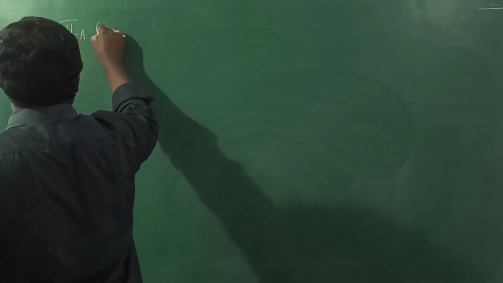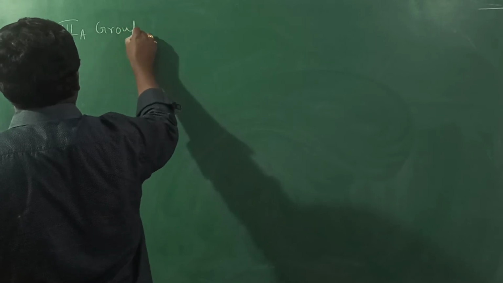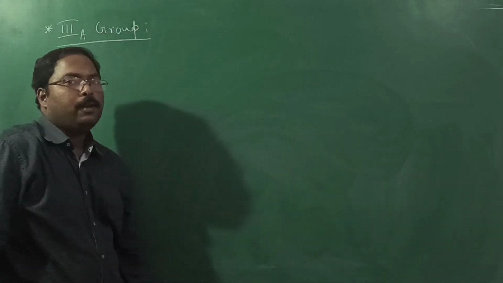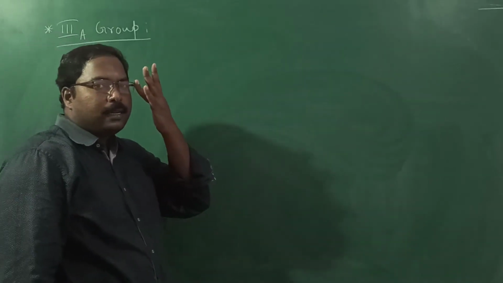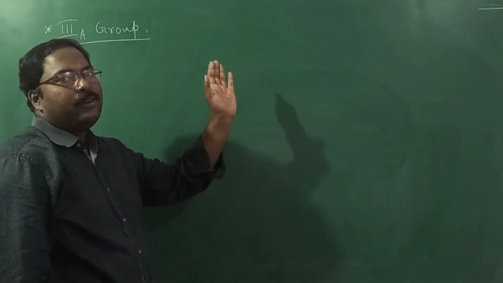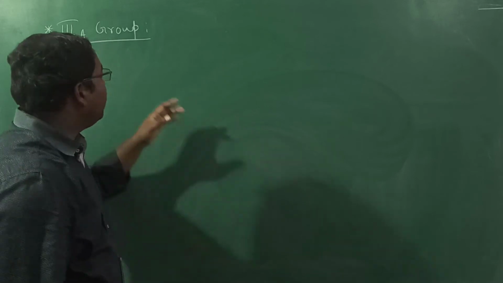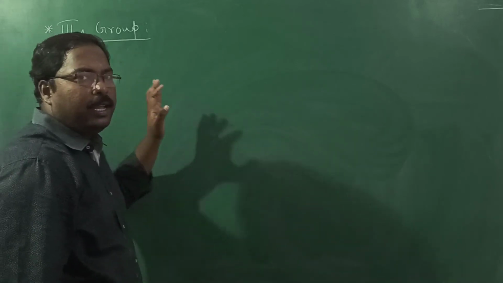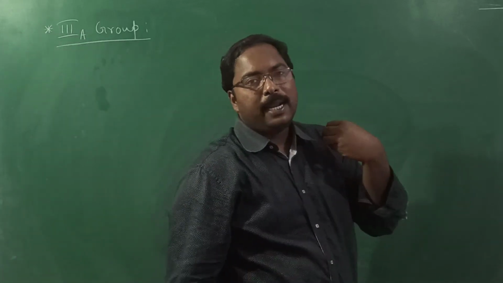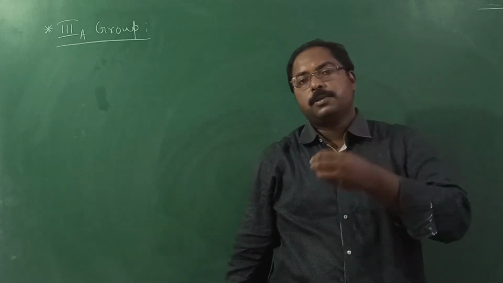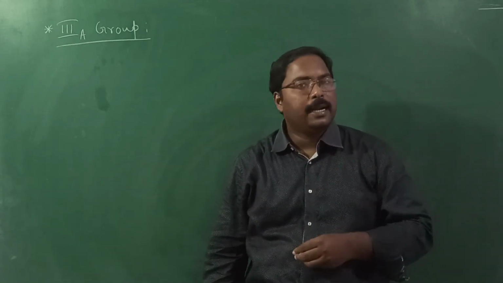Now coming to the next group, let us discuss the third A group. By looking at the diagram you may get confused: sir, after second A we have third B, but you have written third A. As I told you, let us mainly discuss the S block as well as P block related groups.